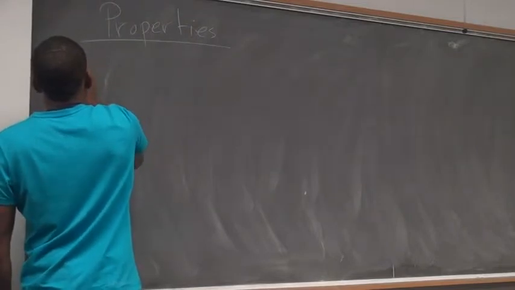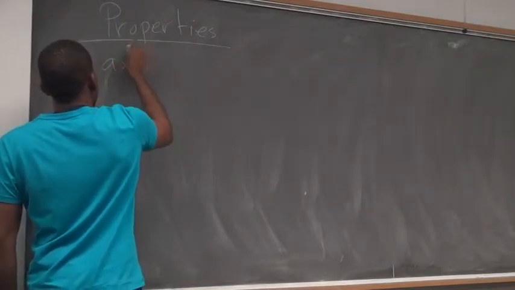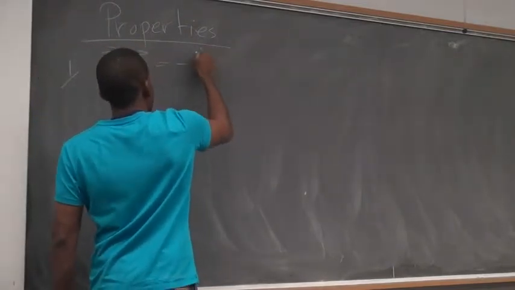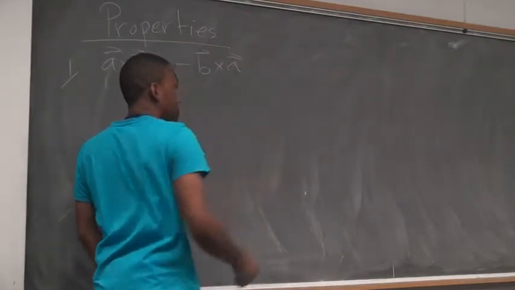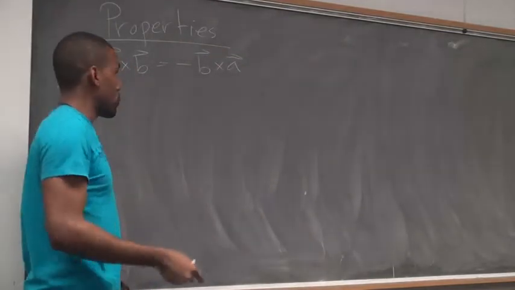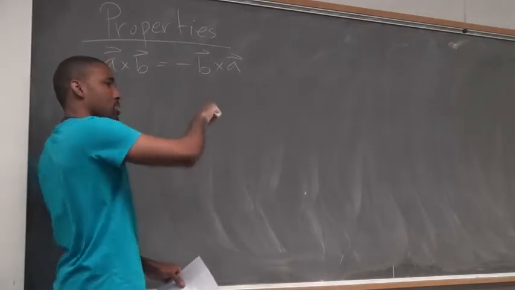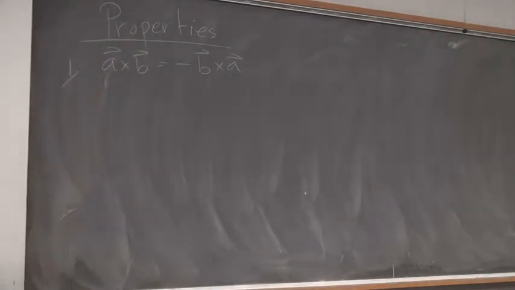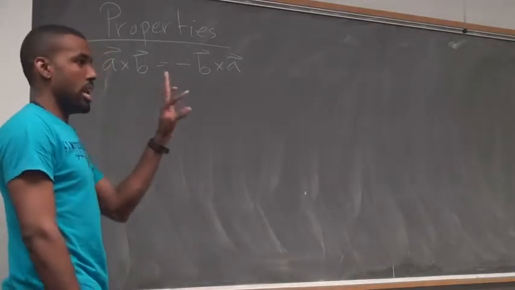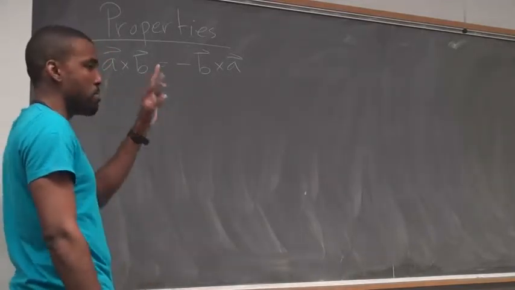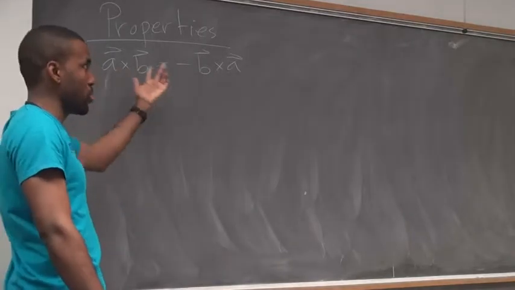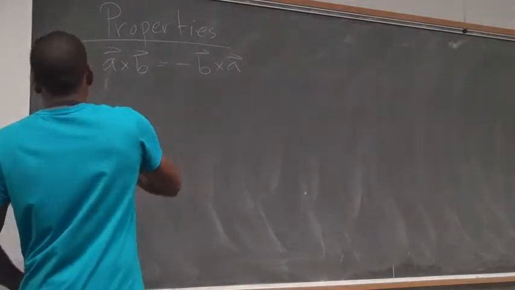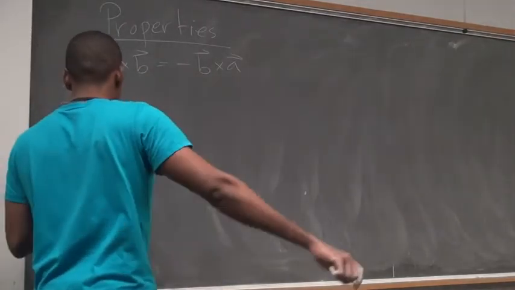It turns out that A cross B is actually the negative of B cross A, right? And you can even see this from the right-hand rule, right? The vector is actually going in opposite directions. So if there's a case where it matters how you do the cross product, you have to know which one you should do first.